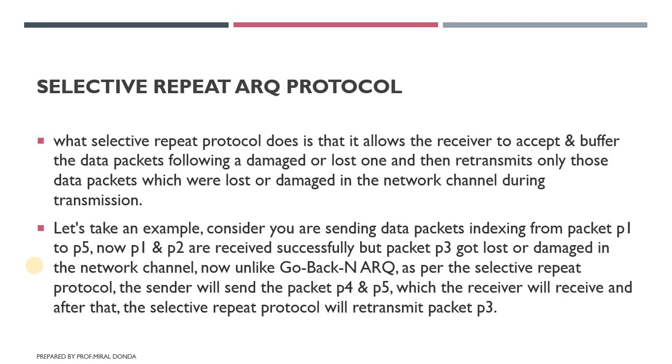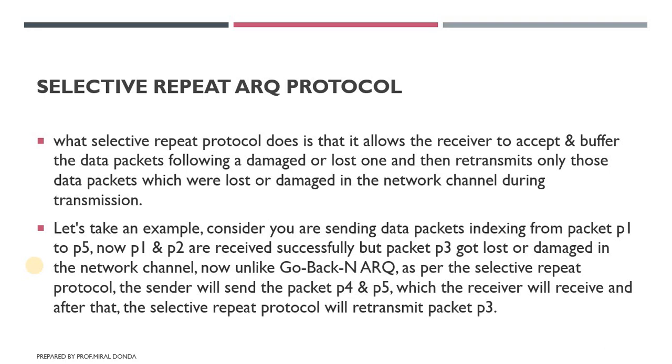In our go back N ARQ protocol, we are transmitting the data packets from the lost packet. All the data packets from the lost packet are retransmitted, but in this protocol only those data packets which were lost are transmitted. So let's understand it with an example.